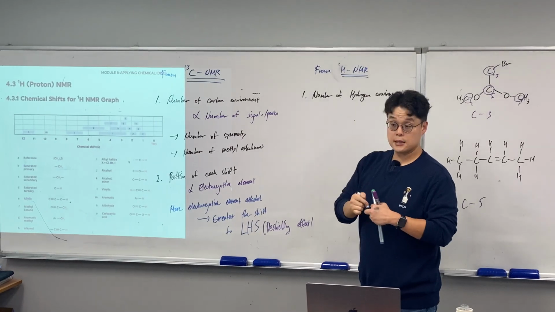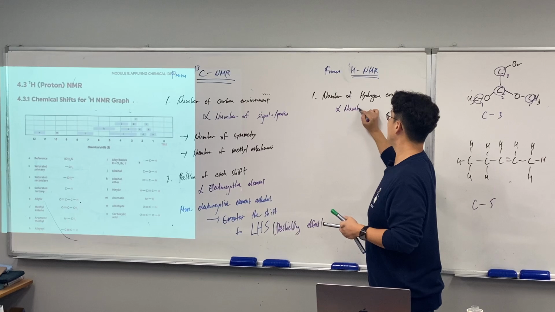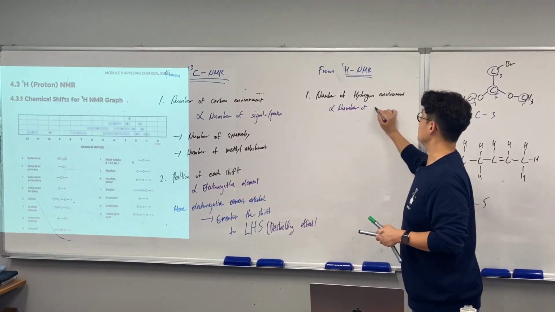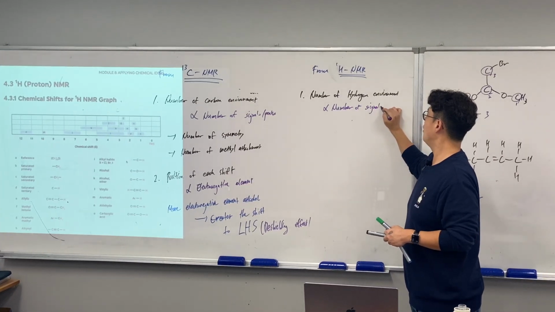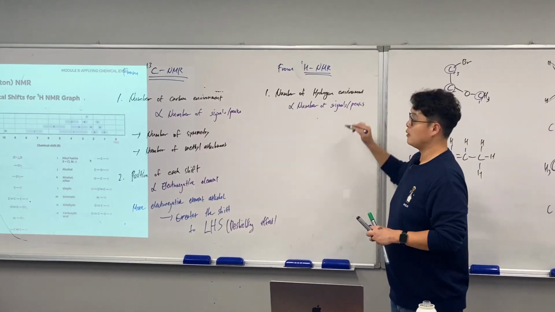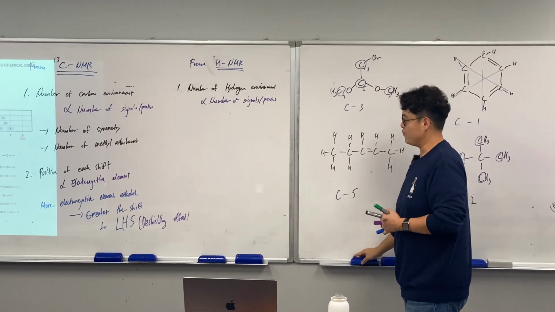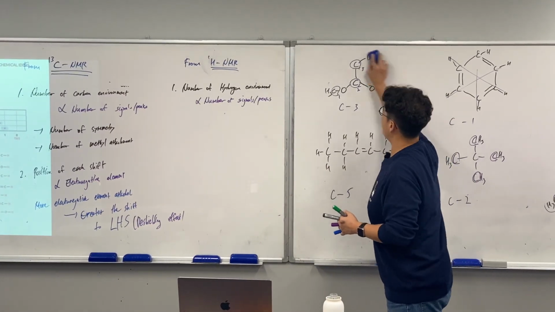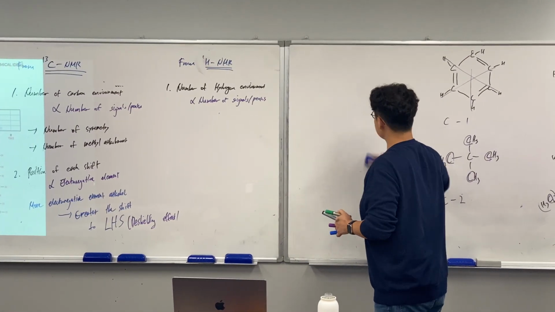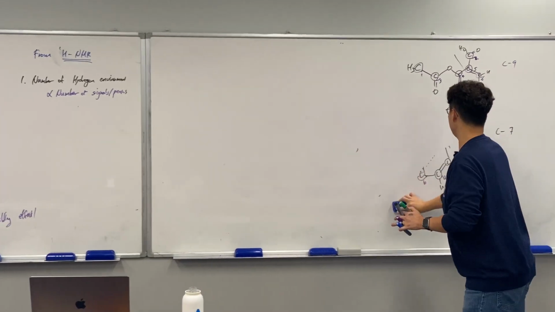And you can guess, this is basically the same as the number of signals or peaks that we have. But what is a hydrogen environment? I hope you get the carbon environments, but the hydrogen environment is slightly different to the carbon environments.